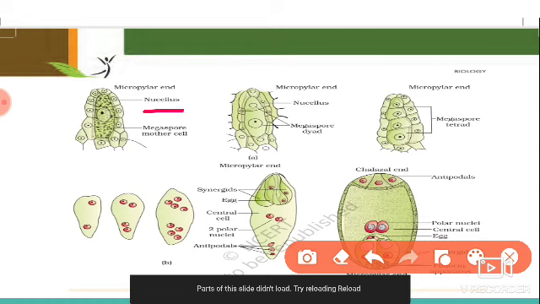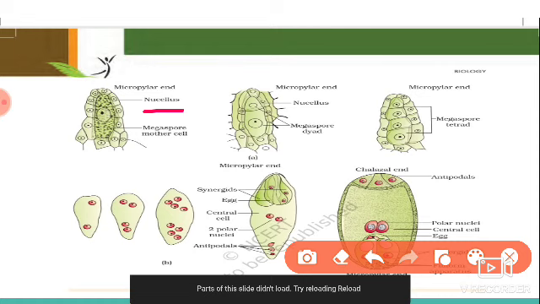Here they labeled the nucellus, these large cells. In the beginning we studied that: the mass of cells present just outside the embryo sac, or just inside the inner integument, that we call the nucellus.